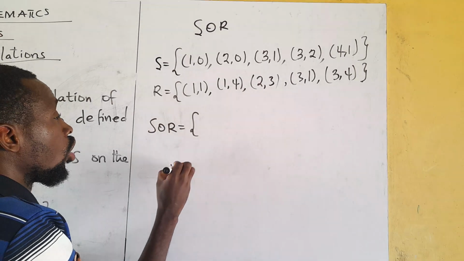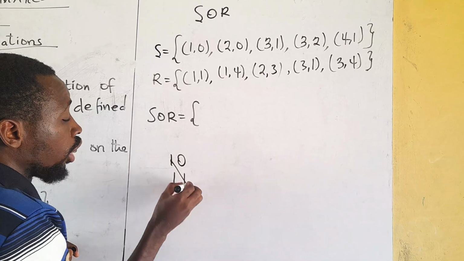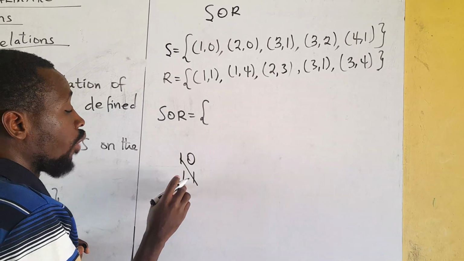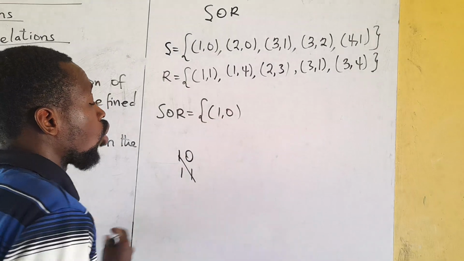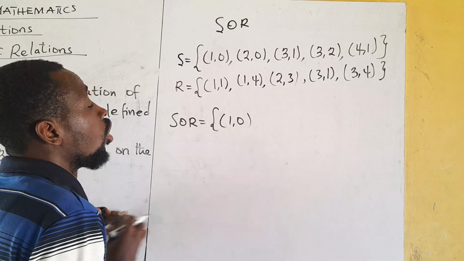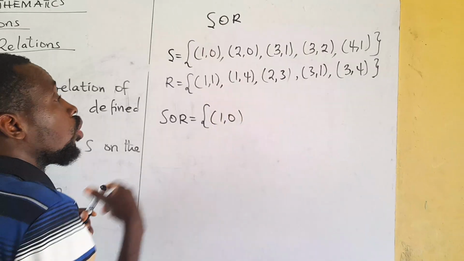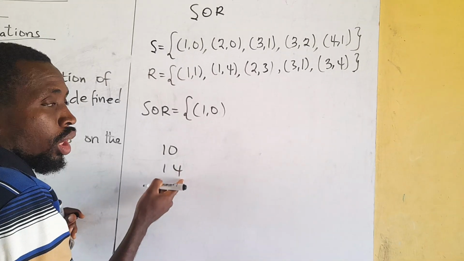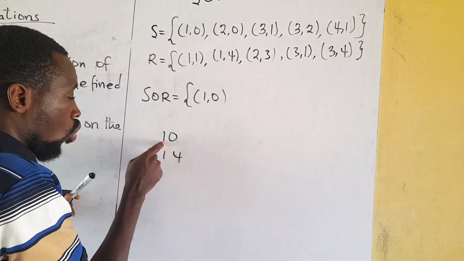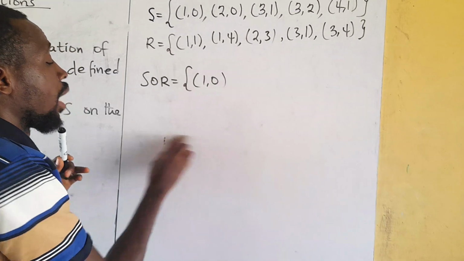So the first one, (1, 0) against (1, 1). You see that (1, 0) corresponds with this (1, 1). So we have the ordered pair (1, 0). So (1, 0) is our first composite relation of S and R. The next one, (1, 0) against (1, 4). You see that the first here did not correspond with the second here, so it will not match.